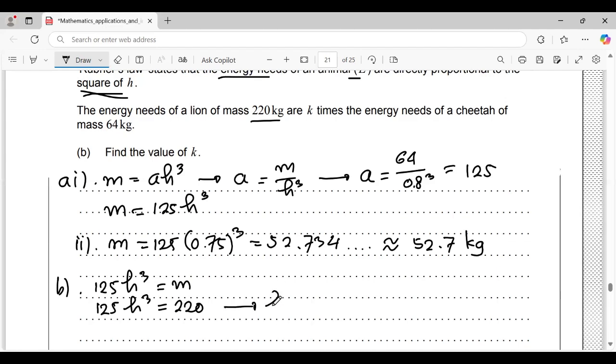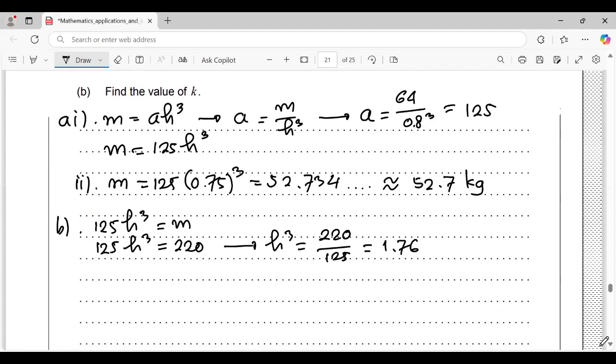So H cubed is 220 over 125. It is 1.76. It means H is the cube root of 1.76.